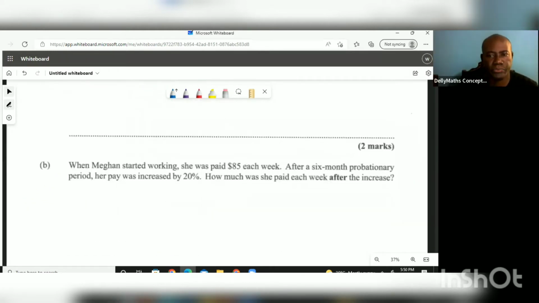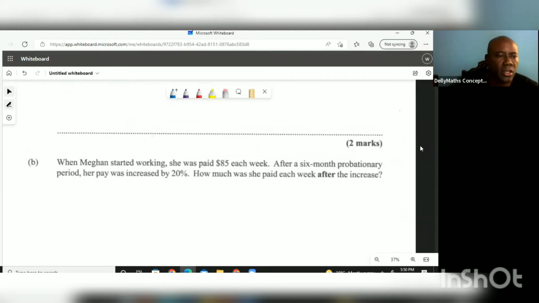All right, so this question says, when Megan started working, she was paid $85 each week. After a 6 months probation period, her pay increased by 20%. How much was she being paid after the increase? So what we want to do is simply take 20% of this amount and add it back to it.